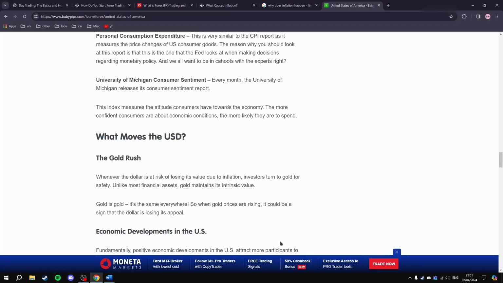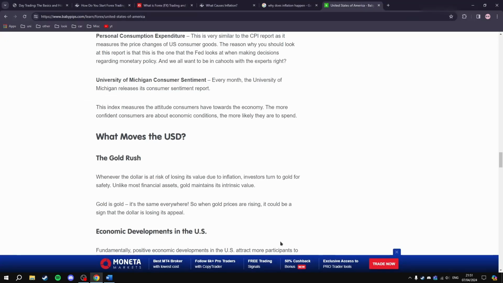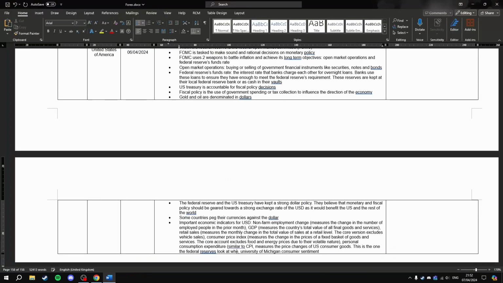The reason why you look at this report is that this is the one that the Feds look at when making decisions regarding monetary policy, and we all want to be in cahoots with the experts, right? So this is the one the Federal Reserve looks at when making decisions regarding monetary policy.